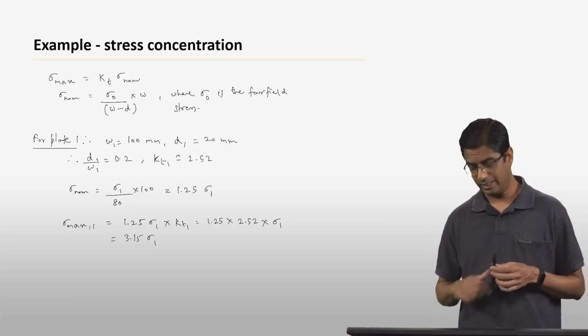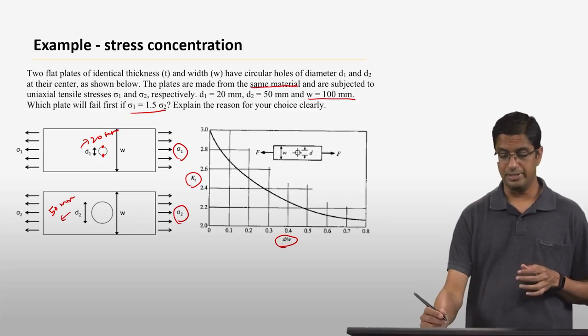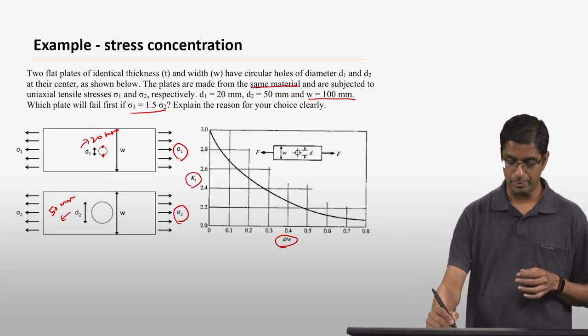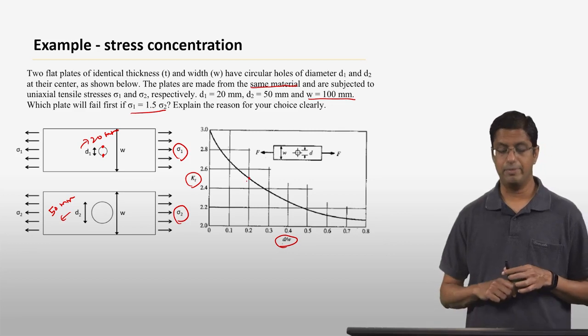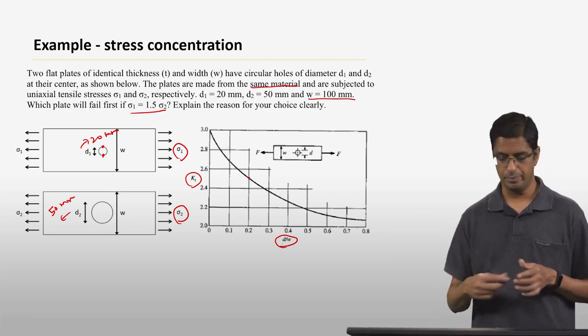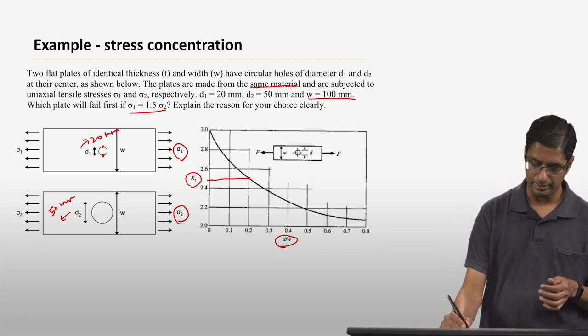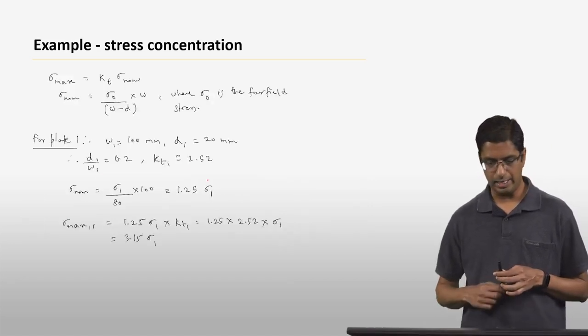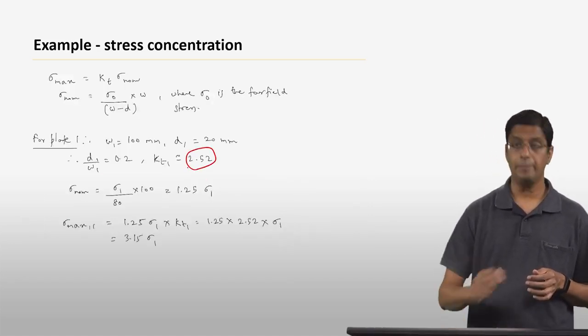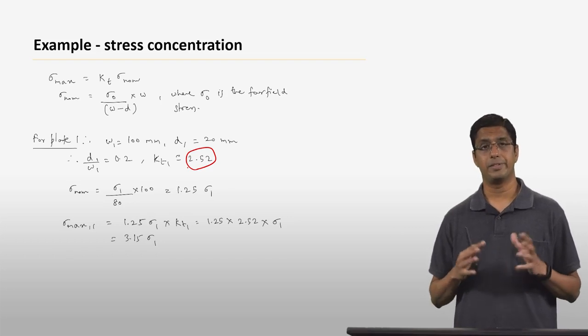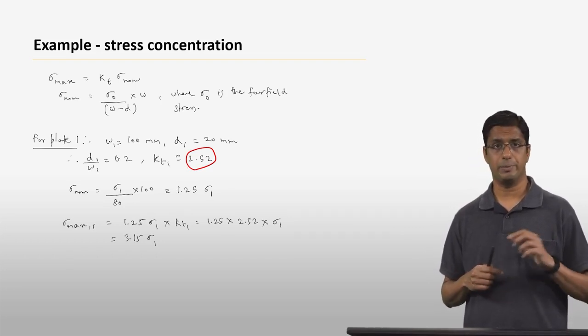And if you go and look at the stress concentration chart here, if you go to a value of about 0.2, the actual value of stress concentration is about 2.52. Okay, so that is the value of Kt. Okay, so that is what I have used here. Okay, so Kt, which is the stress concentration factor for the first plate, is 2.52.